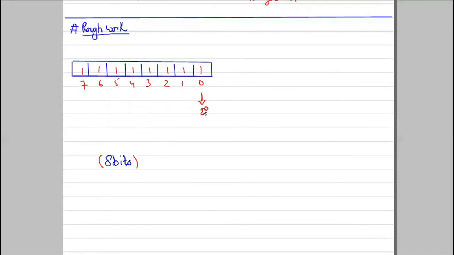This index would come here and the choices we have is 2. So in the same fashion, I'll write this for each and every bit. Let me change the color of my pen. It will become 2 to the power 1 and 2 to the power 2, 2 to the power 3, 2 to the power 4, 2 to the power 5, 2 to the power 6, 2 to the power 7.